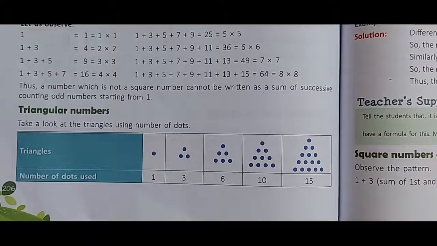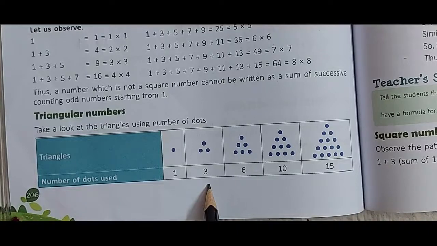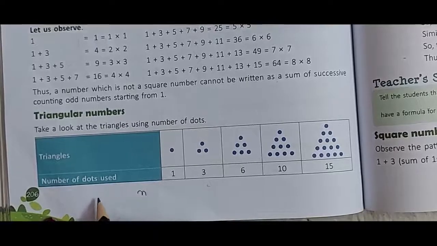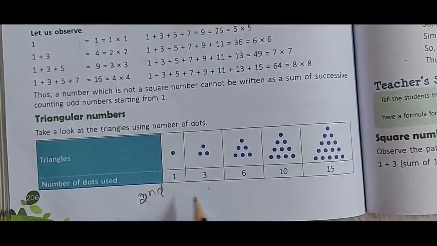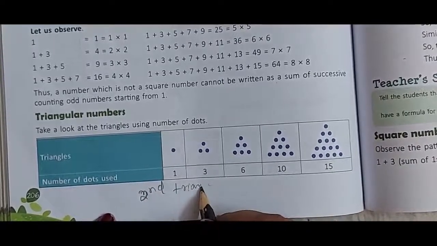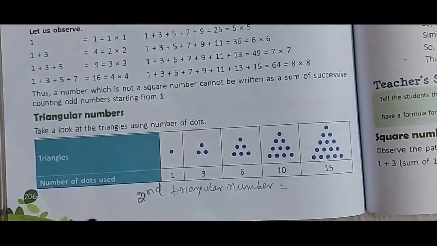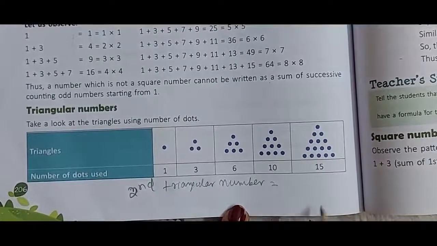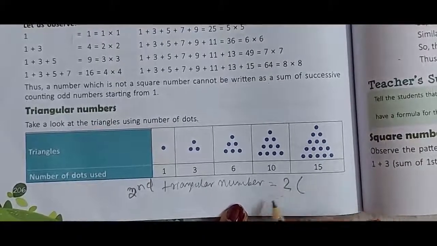In order to get the second triangular number, suppose we multiply second, meaning 2, into, this is 3, right?